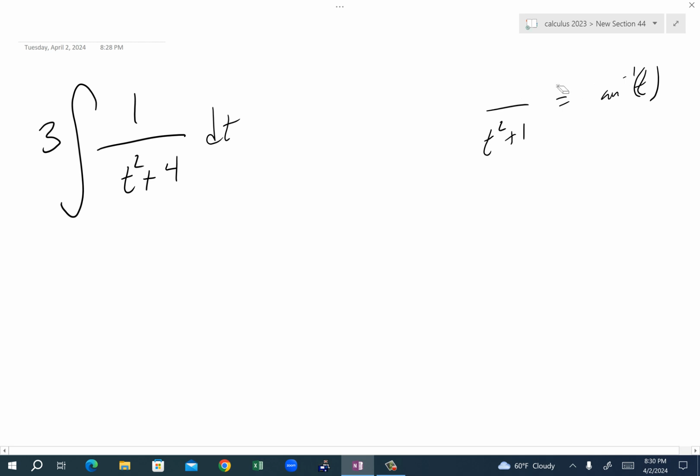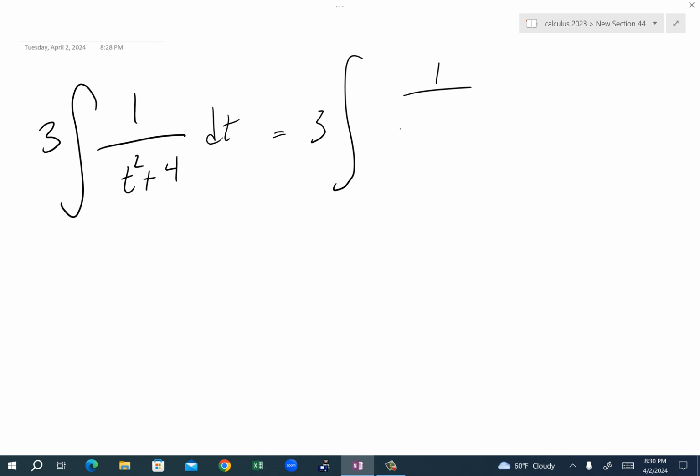What we're going to do is factor a 4 out of those fellers. If I take a 4 out of 4, we get 1, obviously. If I take a 4 out of t squared, I get t squared over 4, and then there's a 4 on the bottom. Algebraically, that's 3/4.